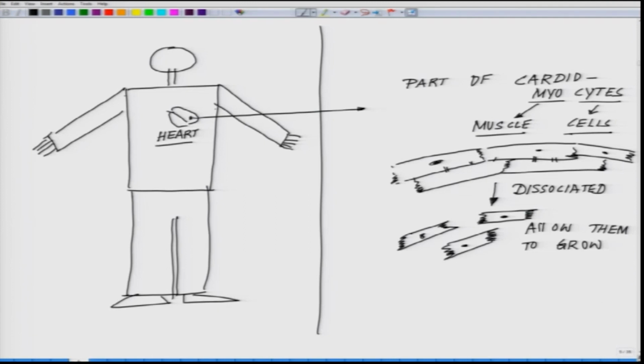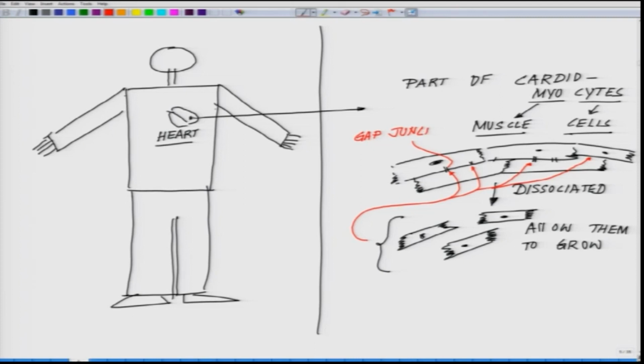The first thing I expect from them is to regain the tissue level cytoarchitecture. When I talk about tissue level cytoarchitecture, they should develop these specialized structures called gap junctions.